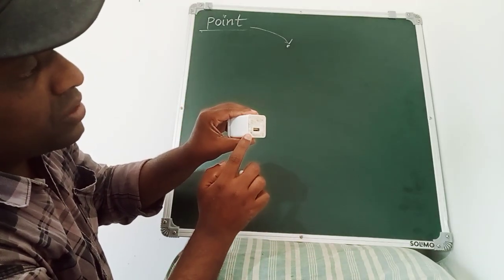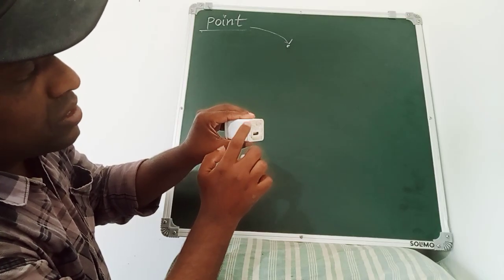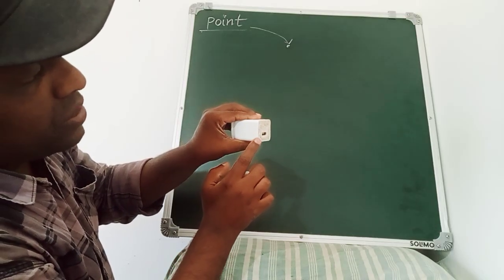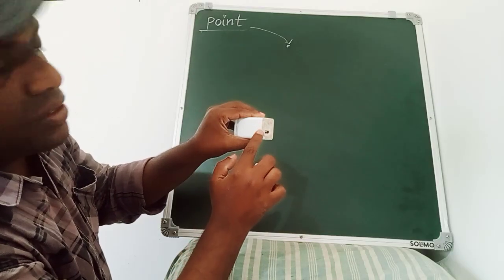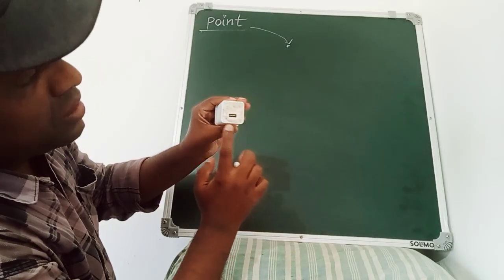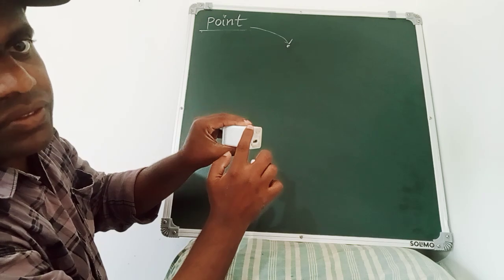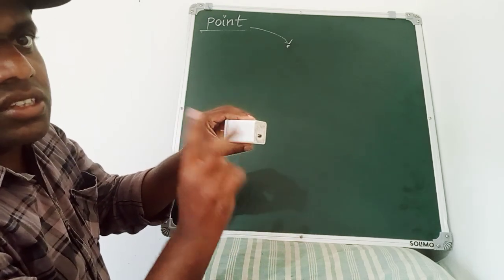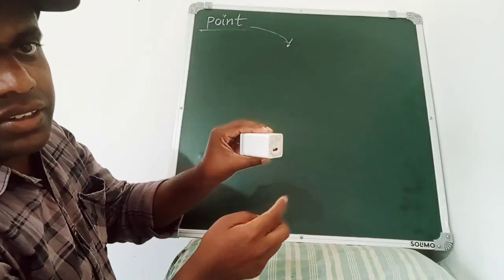And if you start from here, go like this and stop here, from here to here, this is height. So you got it right. This is length, this is width, and this is height. This charger has three things: length, width, and height.